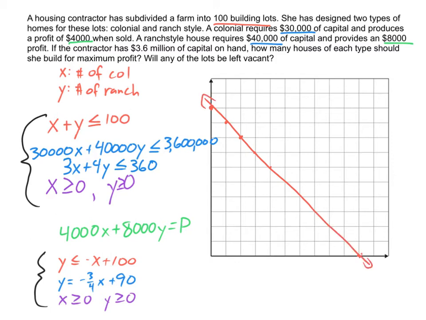And then I have my blue line, which is going to start at 90, right here. And then it's going to go down 3 and over 4, down 3 over 4, down 3 over 4. So that's going to look like this.